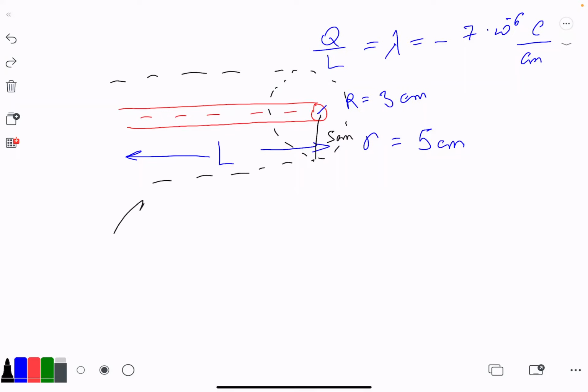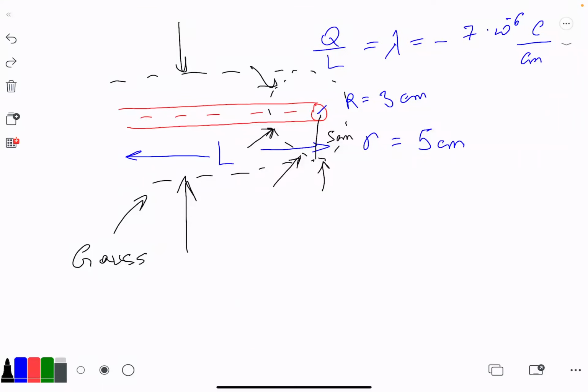This is all the Gaussian surface, imaginary, okay? So you have to find the electric field at the distance r equal to 5. Now the electric field will be pointing inwards, right? If you look here, the electric field is everywhere along this rod, not only at that point.